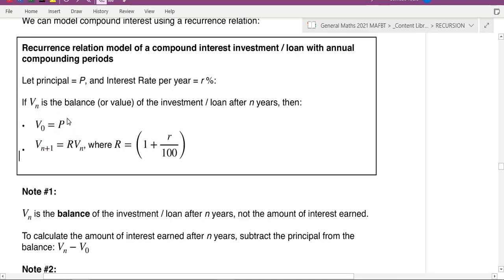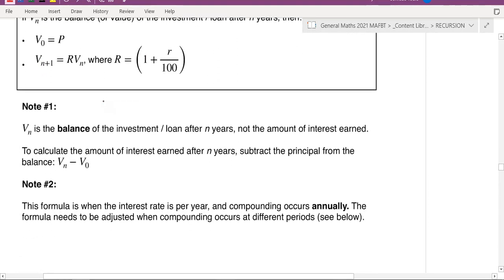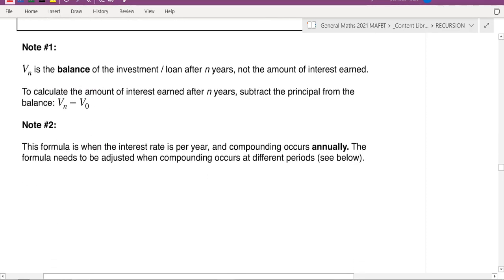We already know that V0 is the principal or the starting amount. And as Bella was asking before, why did I add the principal plus the interest? Remember, the interest is the amount that you've earned at the end. If you want to figure out how much that is, you take how much you have in the end, take away how much you started with.